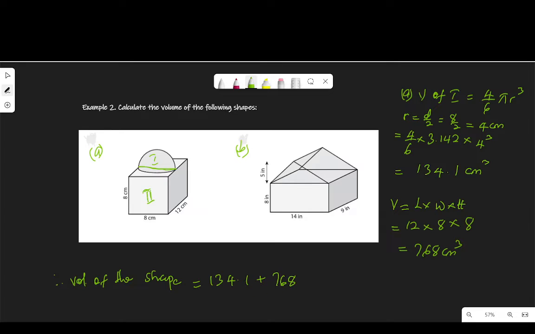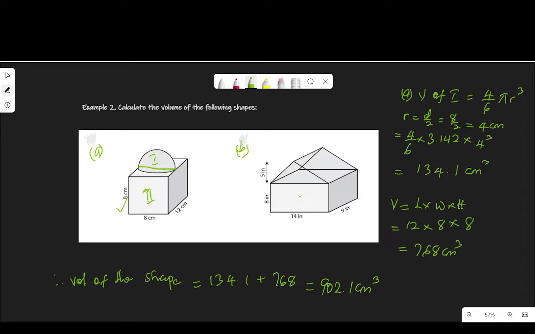And 134.1 plus 768 is 902.1. 902.1 centimeter cube. That is the volume of this shape right here.